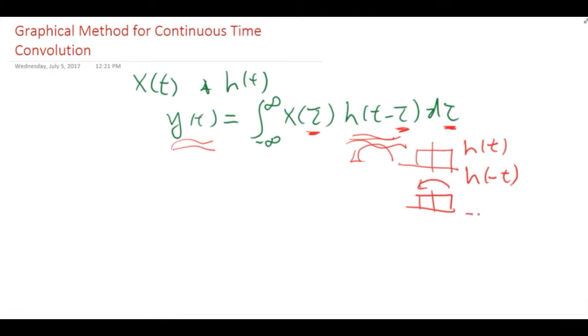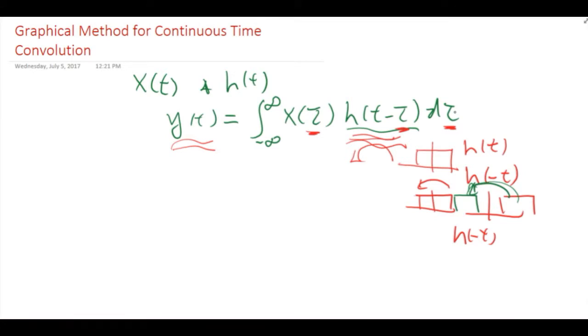Suppose this is h of t, then h of minus t will become something like that. We just flip it to the left-hand side. So this is what h of t minus tau is about.